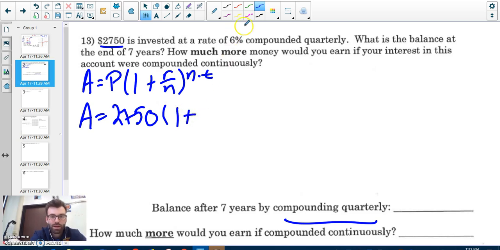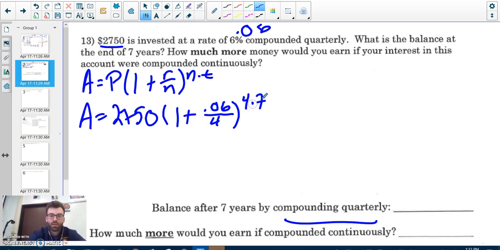My rate, you want to write as a decimal, so 6% becomes 0.06, over the number of times compounded per year. If it's compounded quarterly, think quarters, there are 4 quarters in a dollar, so that's 4 for n. And t is 7.